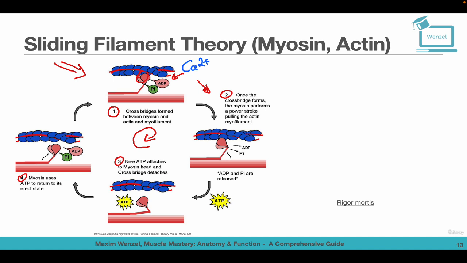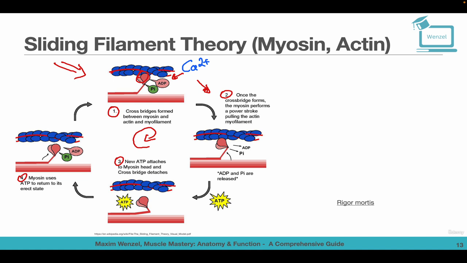The exposed actin binding site allows the myosin head to attach and form the cross bridges. The calcium presence facilitates this interaction by altering the troponin-tropomyosin complex, allowing the myosin to access the binding sites. This happens here.